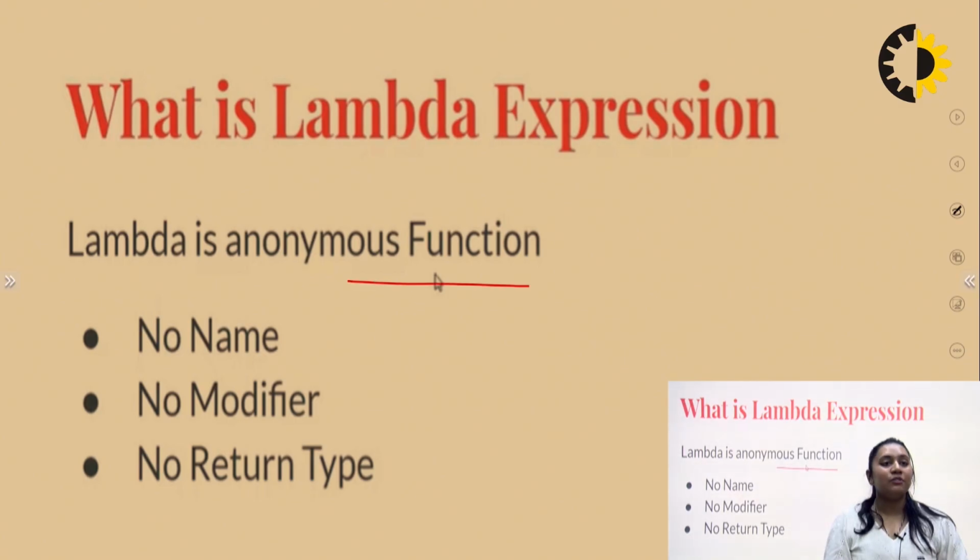Anonymous function means that it does not have any name, it also does not have any modifier, and it also does not have any return type. Let's understand with the help of code.